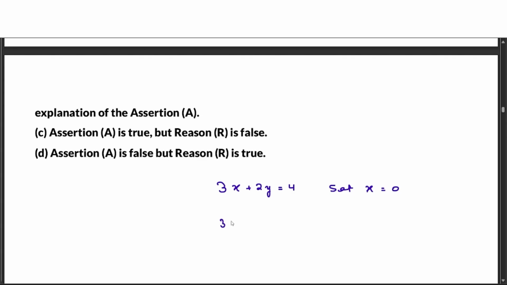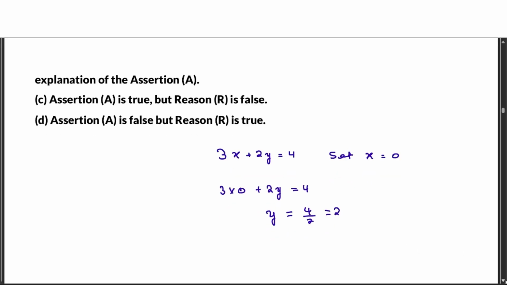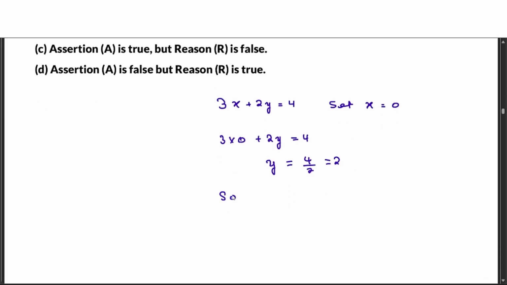So which means 3 times 0 plus 2y is equal to 4, so y is equal to 4 over 2, which is 2. So the point of intersection is P is equal to (0, 2).